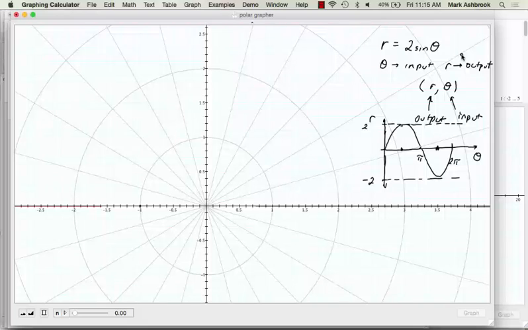So how does r vary with theta? We have to apply that to the polar plane, with r being distance from the origin and theta being our angle swept counterclockwise. Here we are at theta equals 0, pointing out along the x-axis. What is our value of r? 0. So we start at the pole, (0, 0).